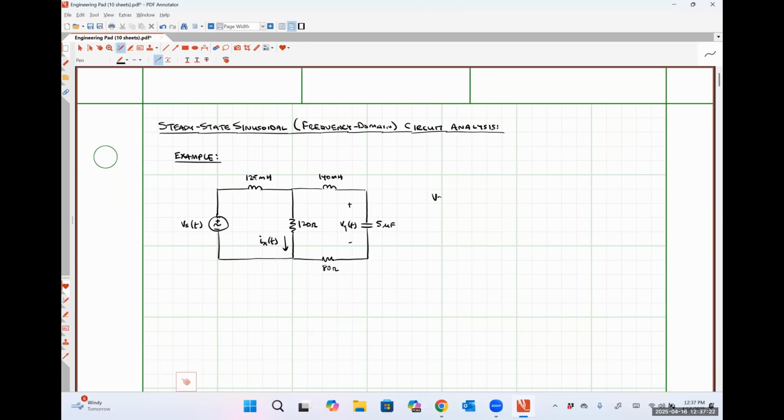And let's say that Vs of t has a value of 18 cosine 800t plus 115 degrees volts. Okay?